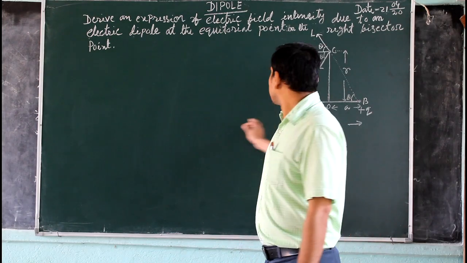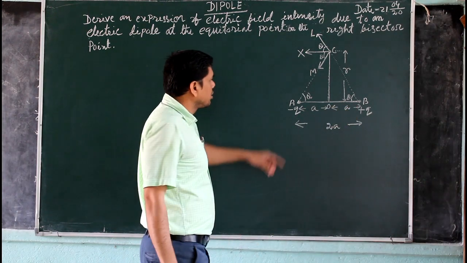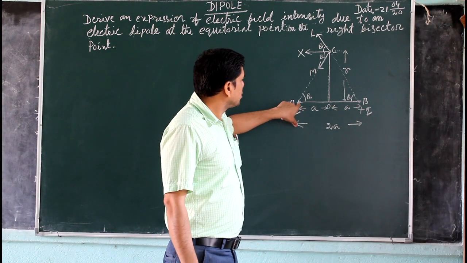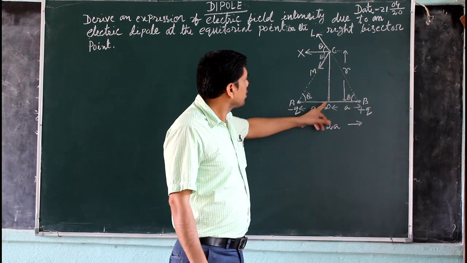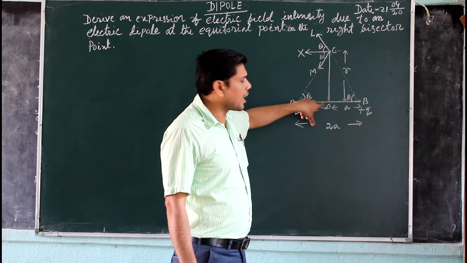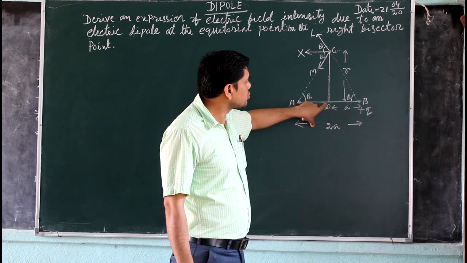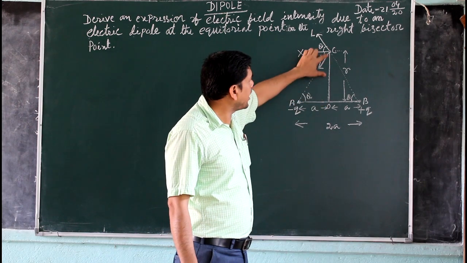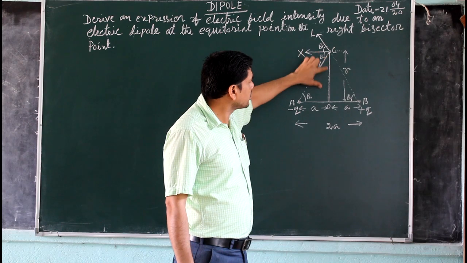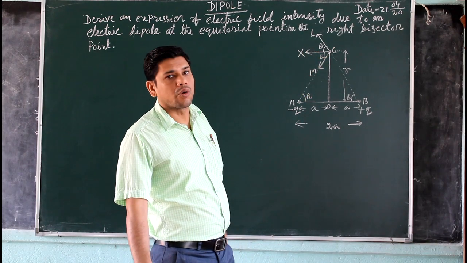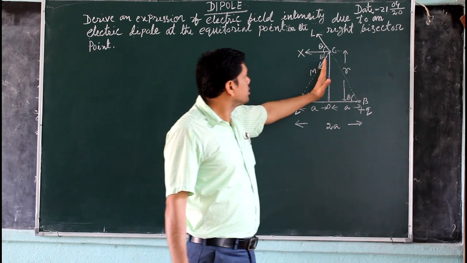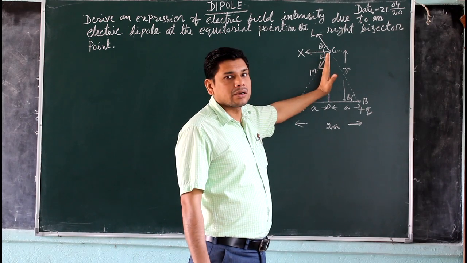Now just see this figure. This is the dipole, with a minus q charge here and a plus q charge here. Now if we draw a line through this point O, then any point lying on this line OC is called an equatorial point, or this is also the right bisector OC.